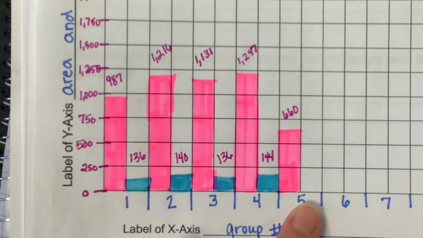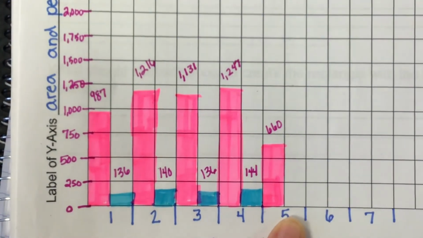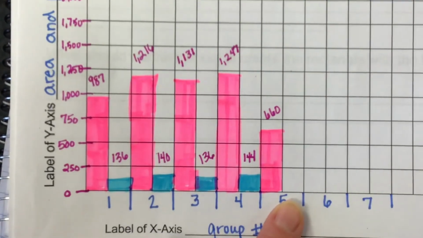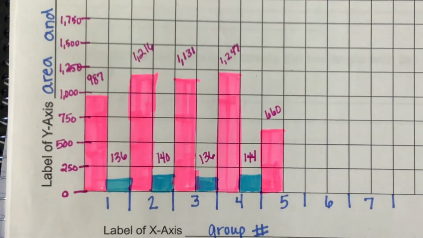Okay, we're getting close. Number 5. 104 is our area. That's going to be our smallest area. It's under a half.